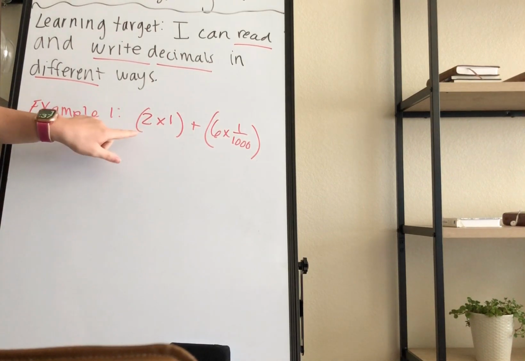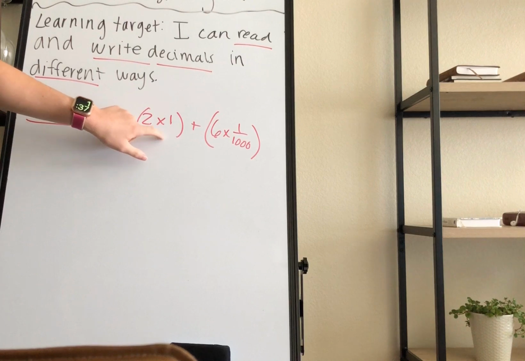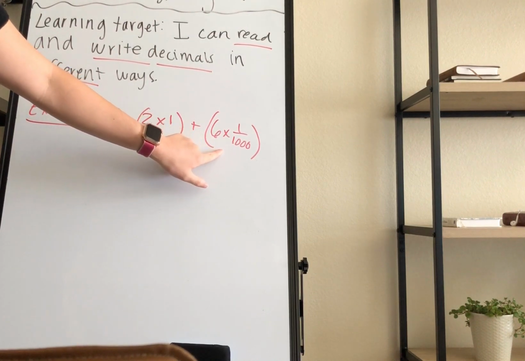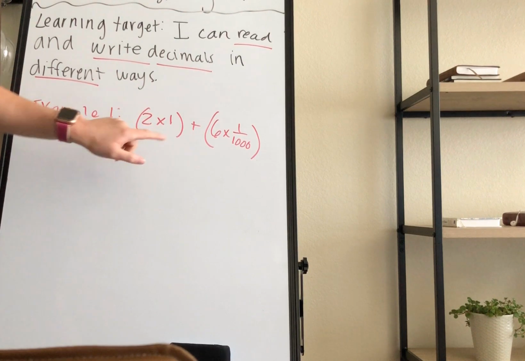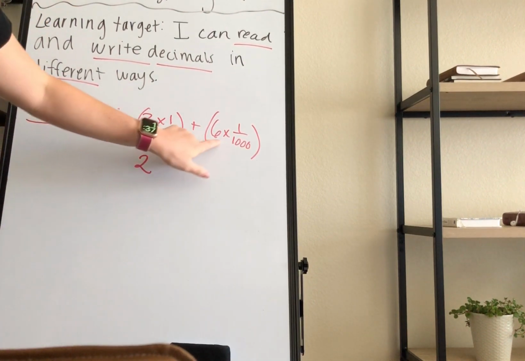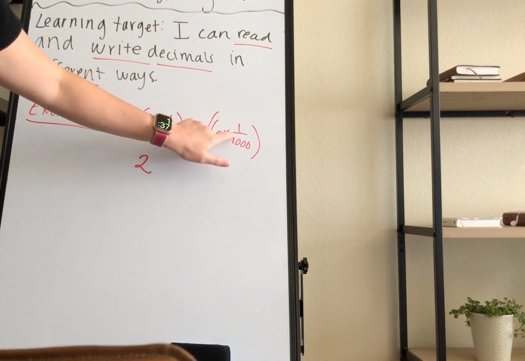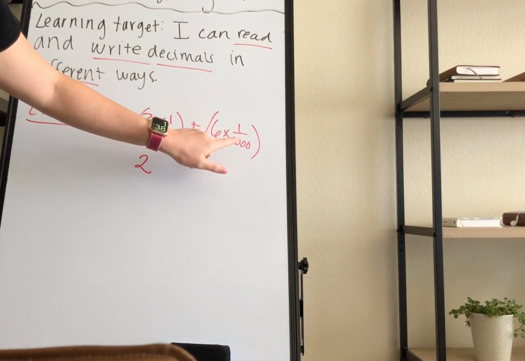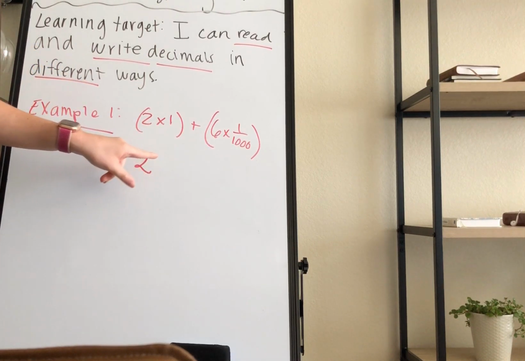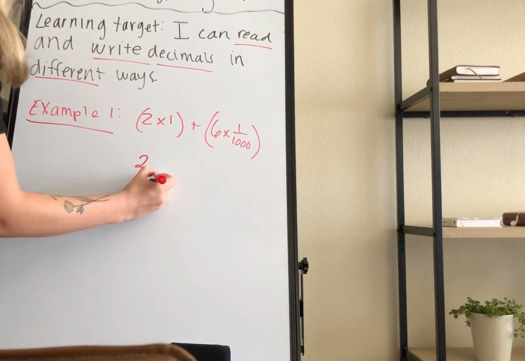Example 1 says 2 times 1 in parentheses plus 6 times 1 over 1,000 in parentheses. We know 2 times 1 is just 2, and then anytime we multiply by something 1 over a denominator of 10 or larger, you know that is going to be a decimal.